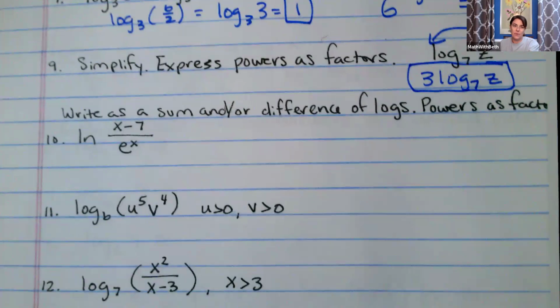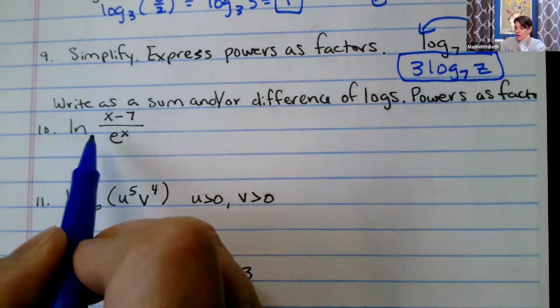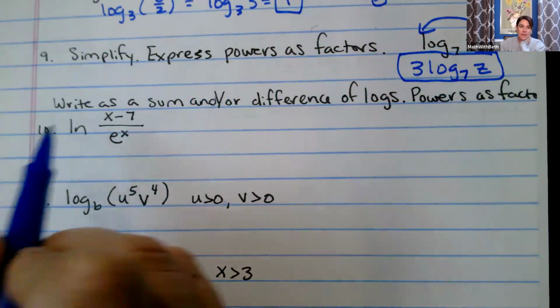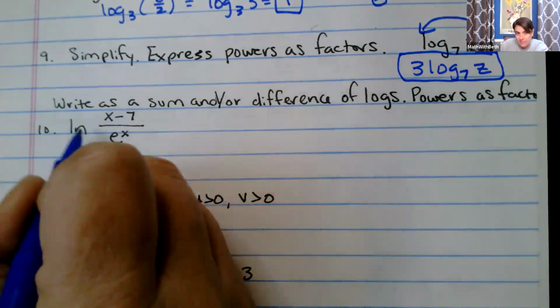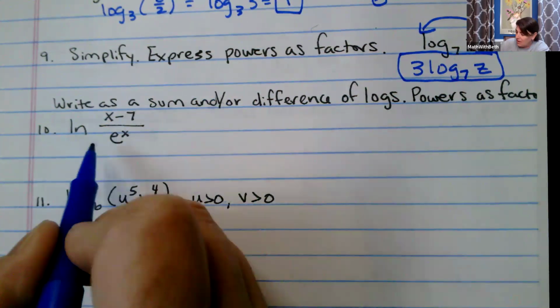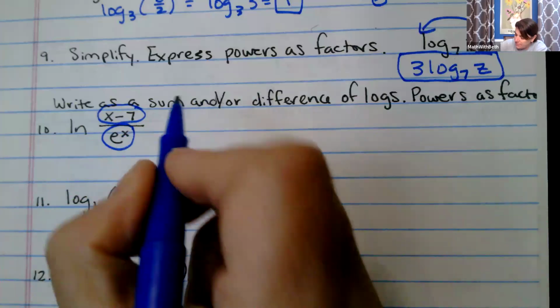Okay, number 10, write as a sum and or difference of logs. So instead of it just being one log of multiple things, separate it into multiple logs using the adding and subtracting tricks. So right now we have one log, it's ln, but that's still a log, of this stuff divided by this stuff.